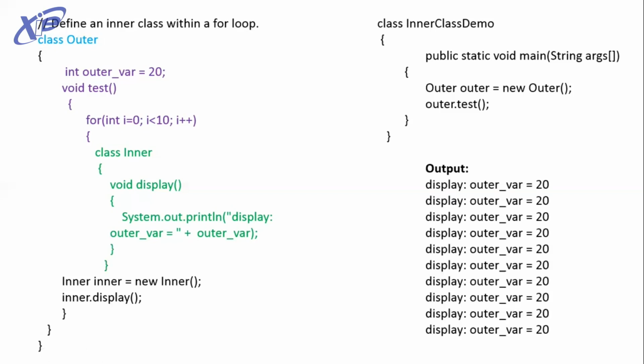And when we execute this program, this is going to be the output, because this for loop starts from 0 and goes till i is less than 10. So it is possible to define an inner class within a for loop also.